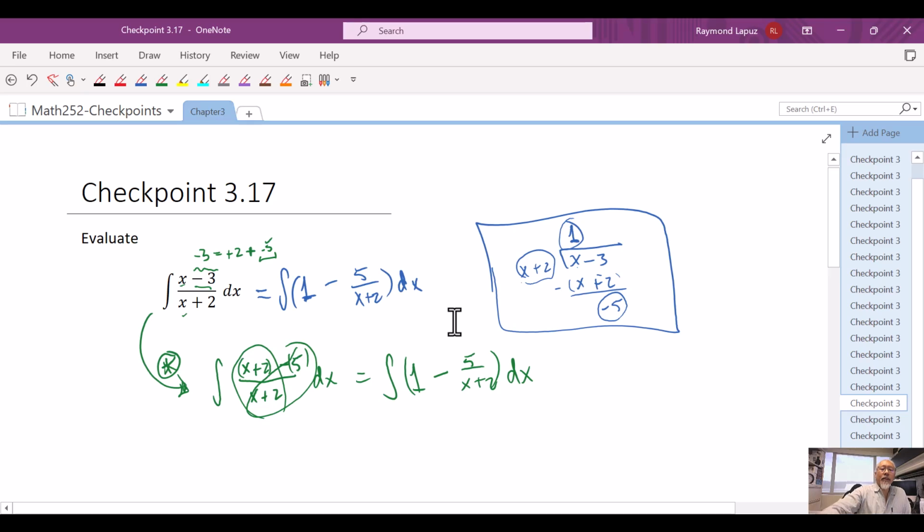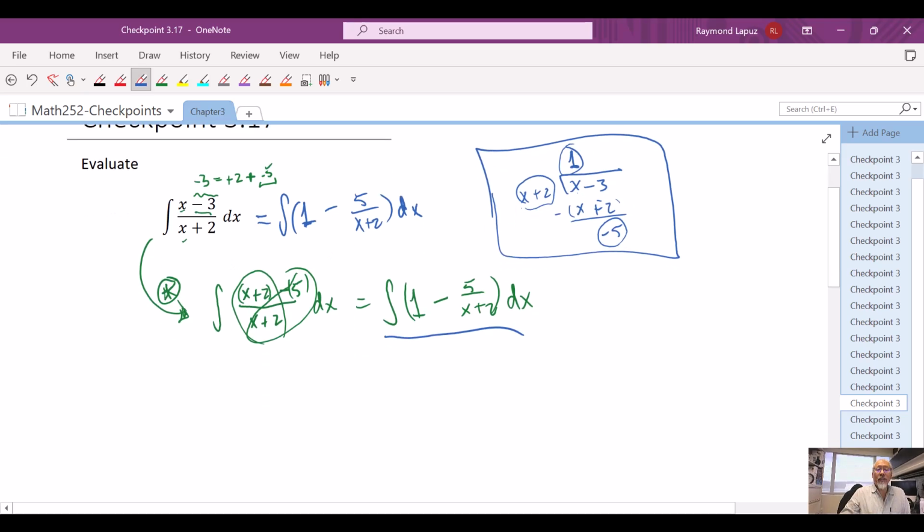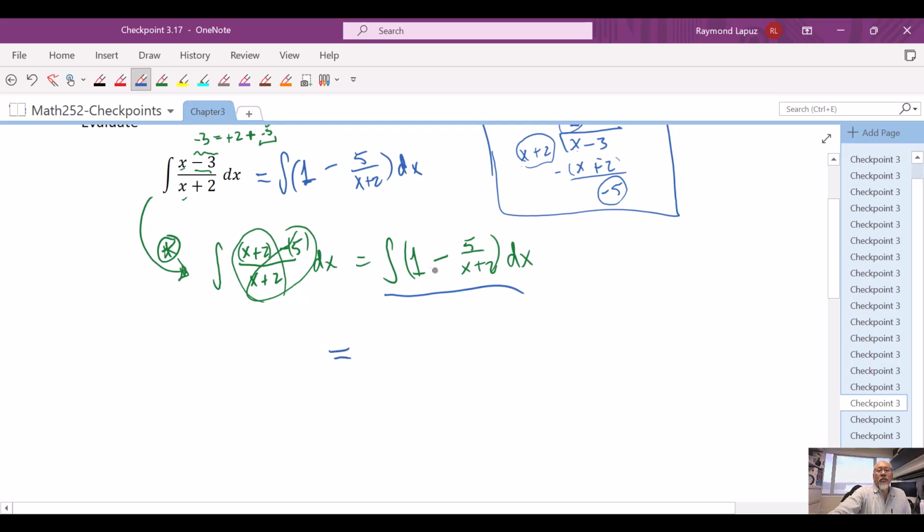In either case, we get the same integral to integrate, and the antiderivative of 1 is x. For the antiderivative of a linear term in the denominator, it's going to be a u substitution. u equals x + 2, du is going to equal dx.